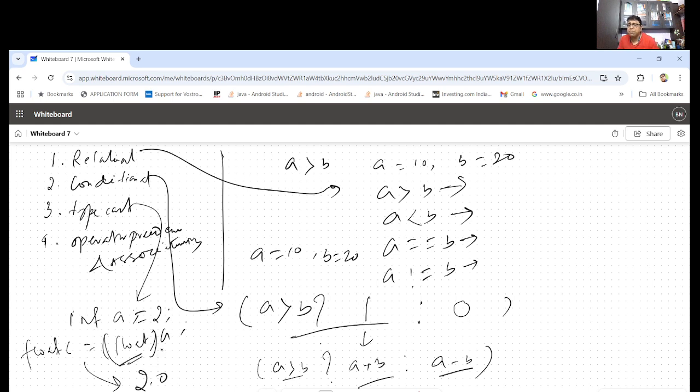And explicit typecast is important because explicit typecast takes a smaller data type, smaller data bits. If you convert it into larger data bits, that is not an issue. But if larger data bytes are stored into smaller data bytes, obviously we need explicit typecasting, and the previous one is implicit.